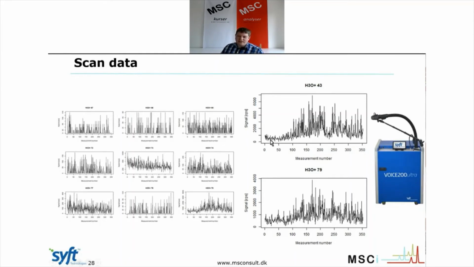This is, I did a measurement in atmospheric air, and you can see here that somewhere around the measurement number 100, you started getting a higher signal of something, 43.